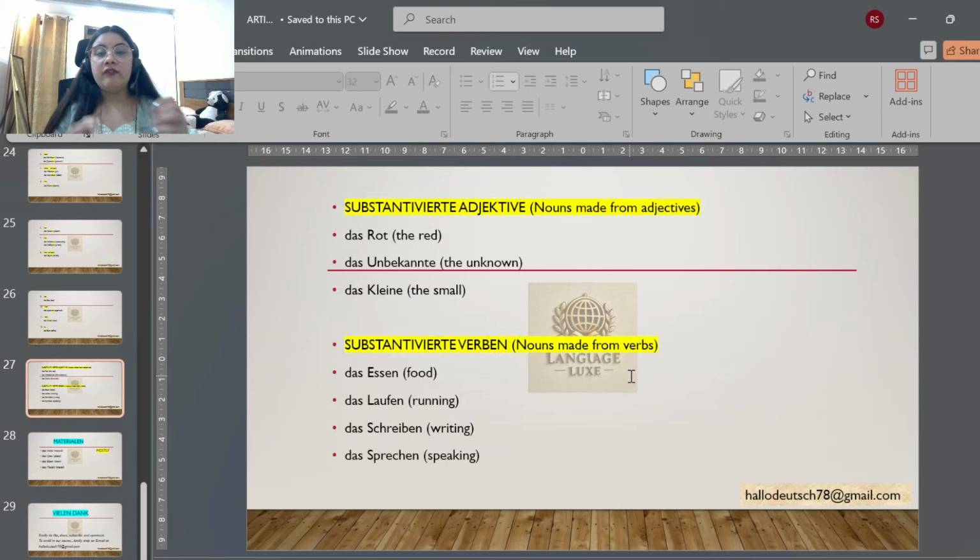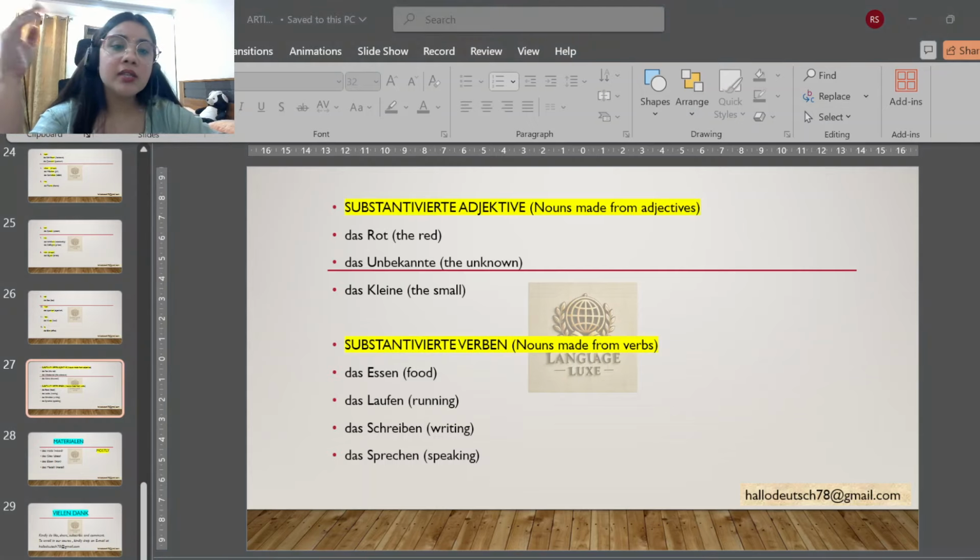Now, very important. Substantivierte Adjektive means nouns which are made from adjectives. For example, red is an adjective, because it's a color. Someone is small. Small is an adjective, right?